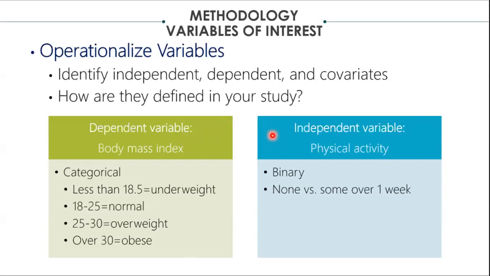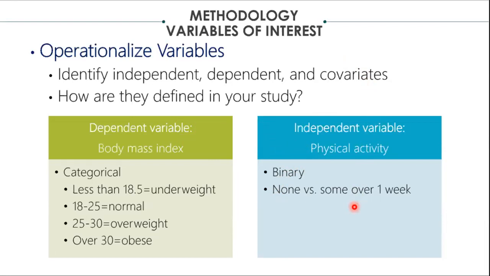I'm also presenting the independent variables. So in this case, the independent variable is physical activity. This is going to be measured as a binary variable where people either did not engage in it over 1 week or they did engage in physical activity over 1 week. So this slide here is going to help the listeners understand what exactly it is that you're studying.